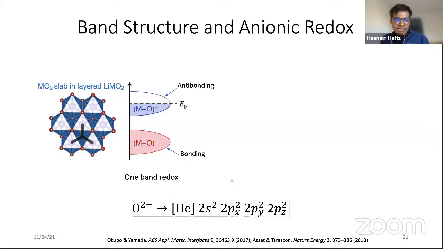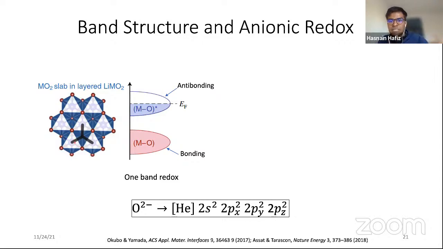In traditional layered material, in lithium cobalt oxide, as I mentioned earlier, each oxygen is coordinated with 3 metal neighbors. Like you see here, this is the oxygen and it has 3 different metal neighbors.